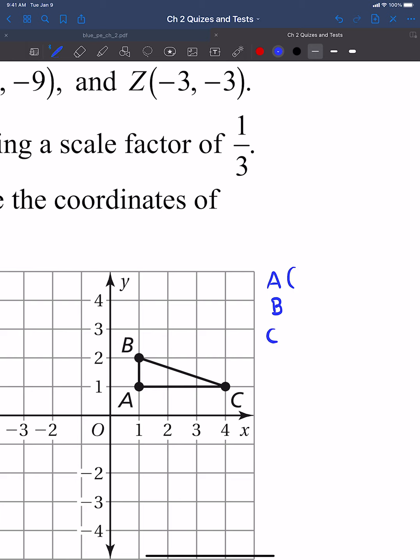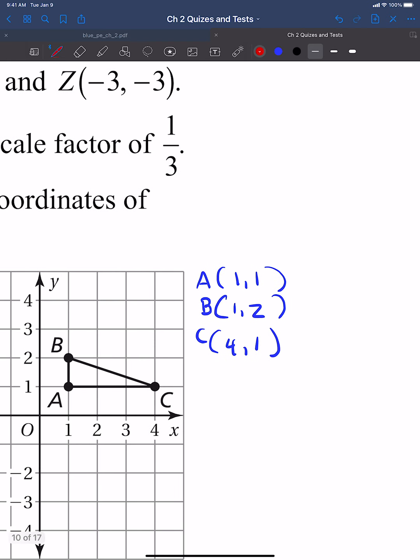So I know what's actually rotating. A is 1, 1, B is 1, 2, C is 4, 1. Now you just told me after a rotation of 180 degrees, they just turn to their opposite signs, both the X and the Y. So this would be -1, -1, -1, -2, -4, -1.